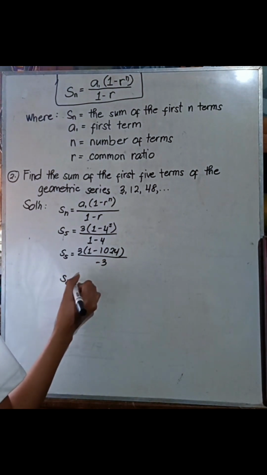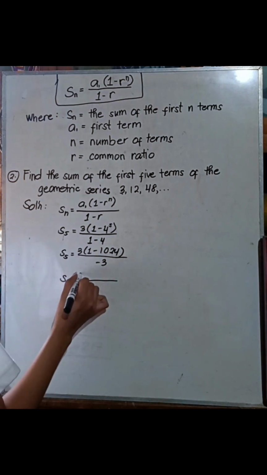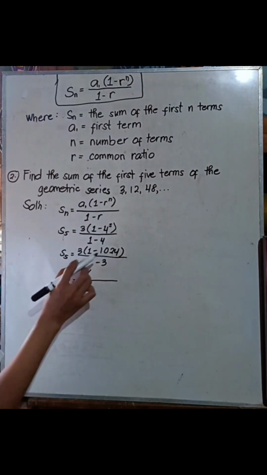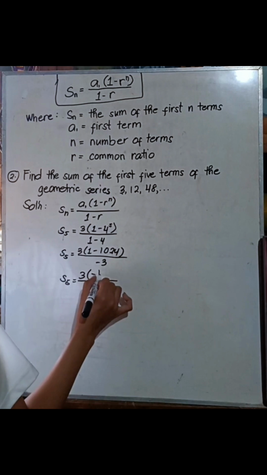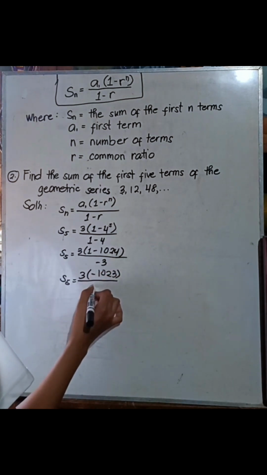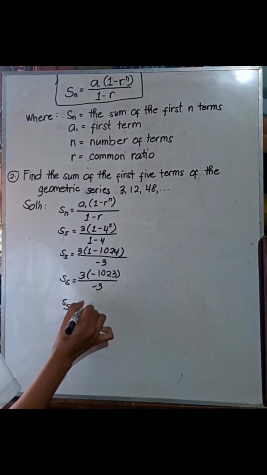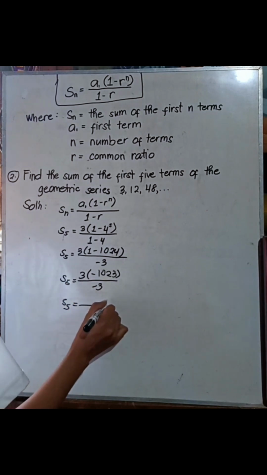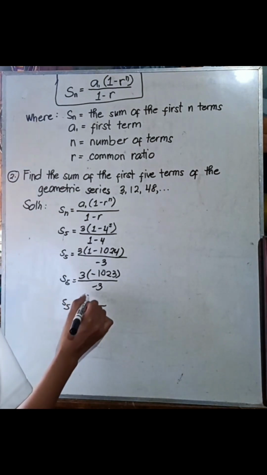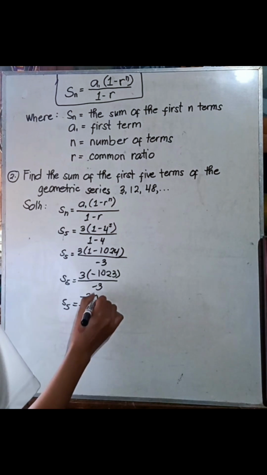Next, S sub 5 is equals to 3 times 1 minus 1024 is equals to negative 1023 all over negative 3. S sub 5 is equals to 3 times negative 1023 is equals to negative 3069.